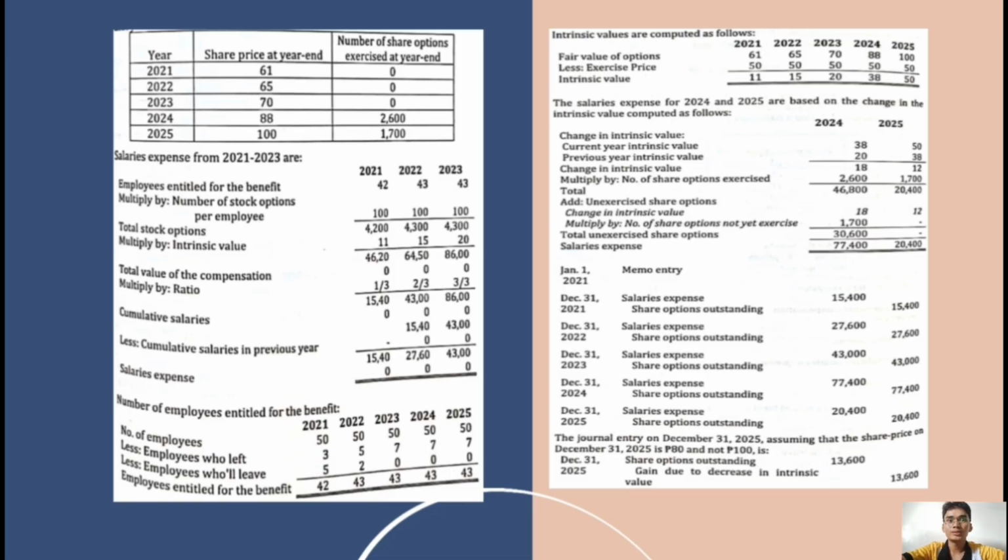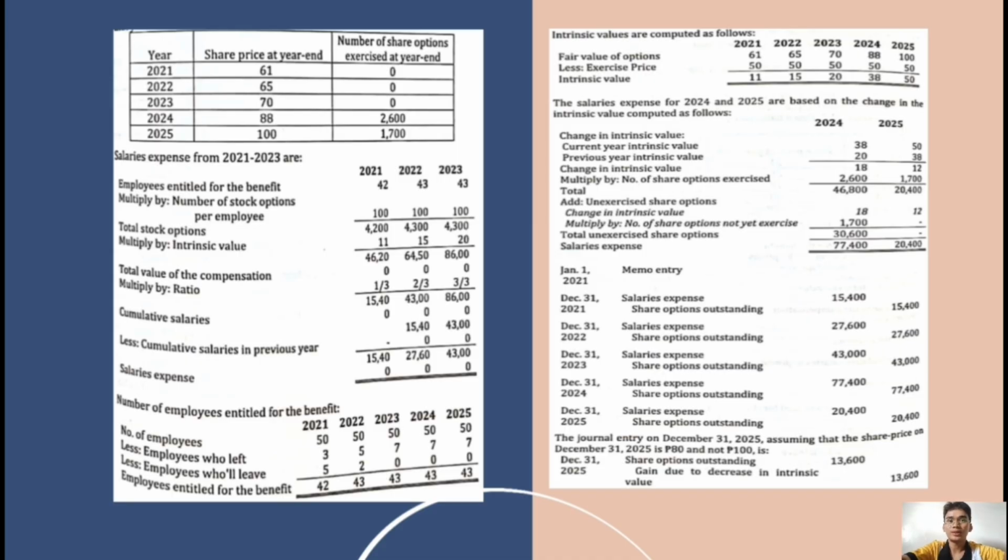Number of employees entitled for stock options 2021 to 2025. This section determines the number of employees who qualify for stock options. The company starts with 50 employees each year. Some employees leave the company, 3 in 2021, 5 in 2022, and 7 from 2023 onward.